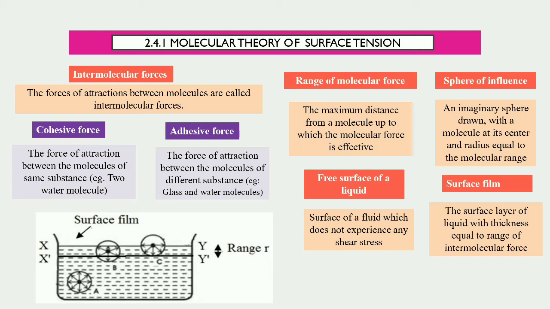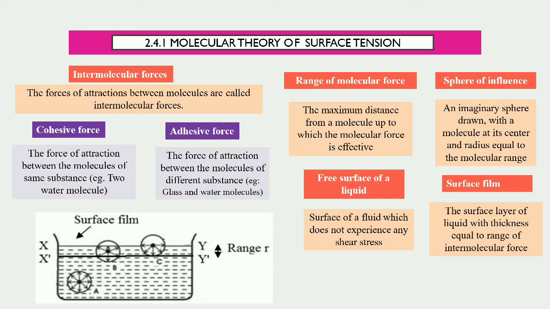If another charge comes into that electric field, then only it will experience repulsion or attraction depending upon the nature of the charge. Similarly here, when we consider molecules, one molecule will attract another molecule if that other molecule is in the range of intermolecular force of attraction of that molecule.